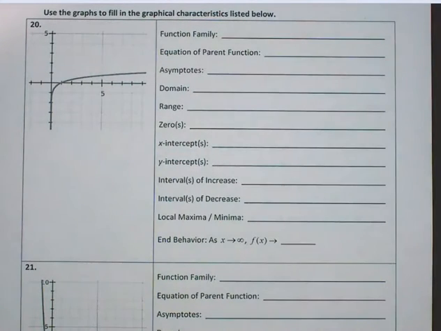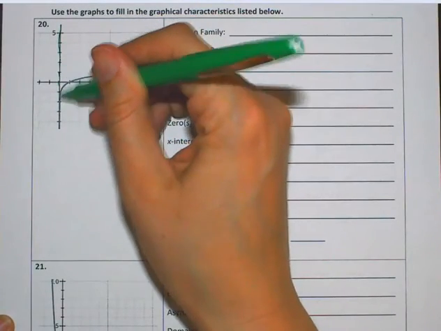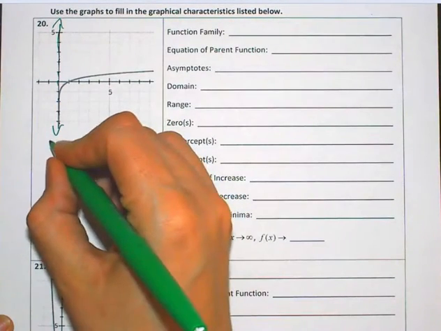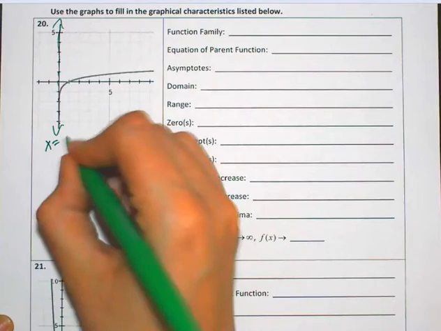Okay, so for this one it says use the graph to fill in the graphical characteristics. So let's take a look at the first one. The first graph here, I know that looks like there's a vertical asymptote, and that vertical asymptote is at x equals 0.